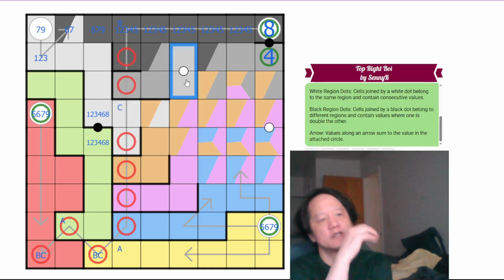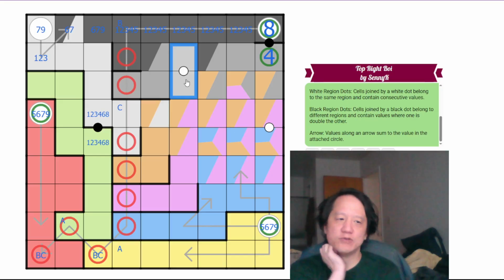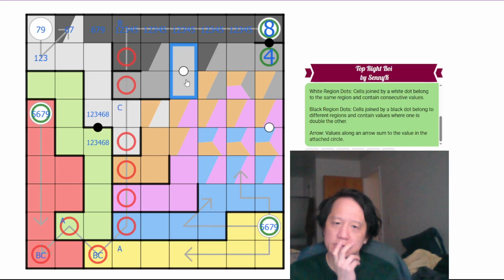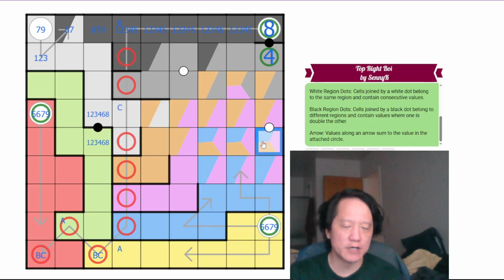These are consecutive, and they're not top or bottom right boys. We don't have a 4 in them. Can this be blue? I don't know. 1, 2, 3, 4, 5, 6, 7, 8, 9.